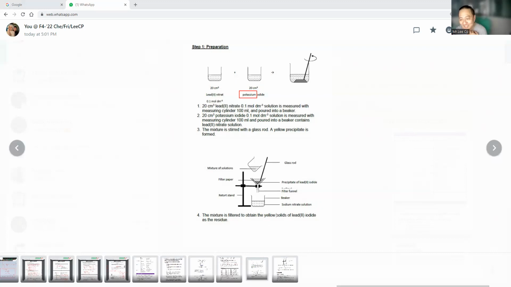Potassium becomes sodium. You understand? This one is potassium, so this will be potassium nitrate solution. Do you get what I mean? Any question?